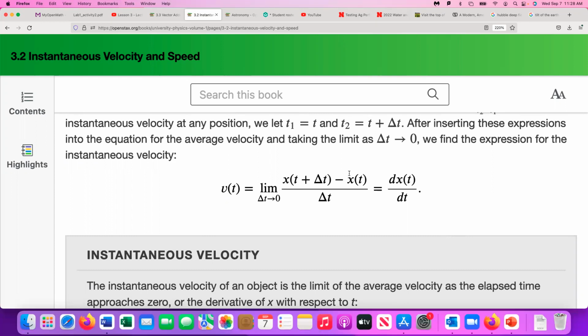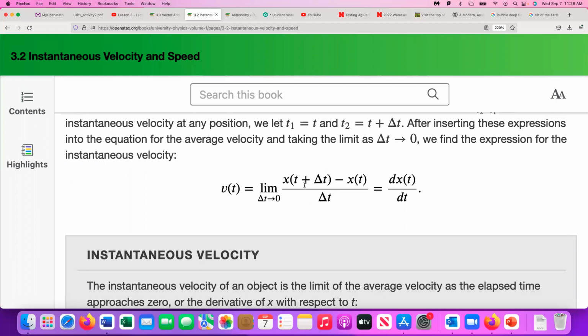And then it looks at some other position, at time t plus delta t, where delta t is a tiny extra bit of time. So this is a little bit later. This is the position at the first time you look at it. This is the position a little bit later, or the final time that you look at it. So here we have final position minus initial position, and then you divide by that little change in time.